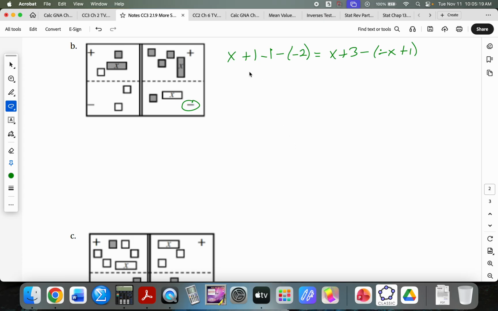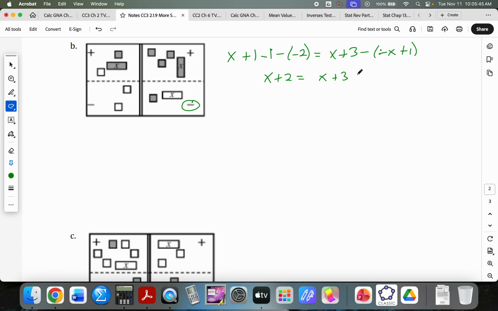All right, let's see if we can simplify this. On the right side, 1 minus 1 is 0. Minus negative 2 is 2. So this is x plus 2. Equals, over here I'm going to go ahead and flip things from the negative region to the positive region.